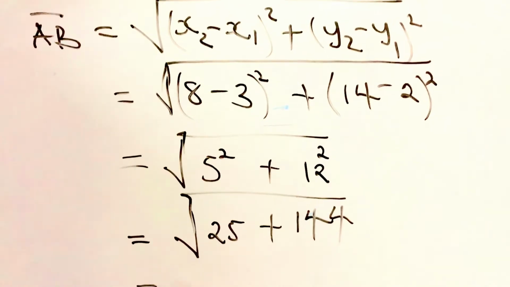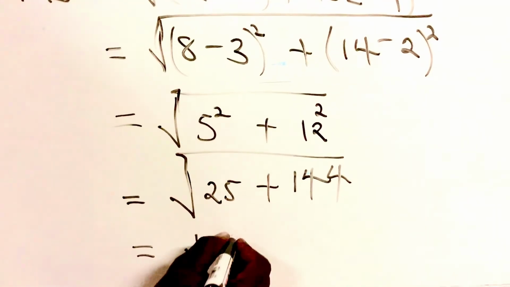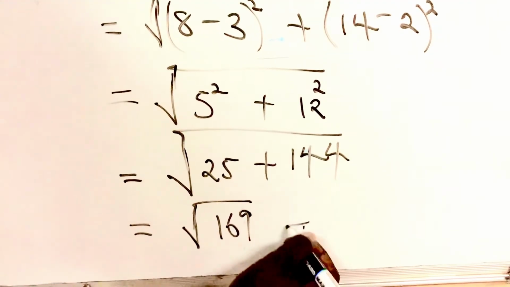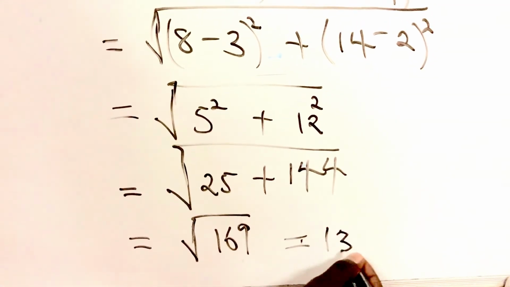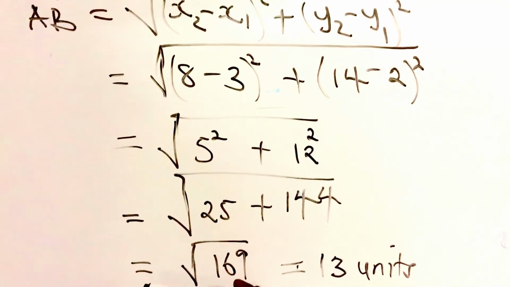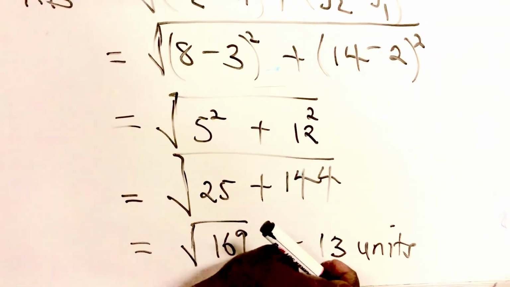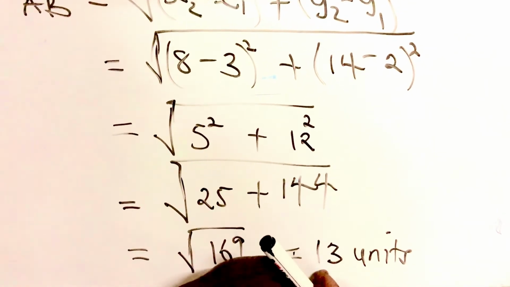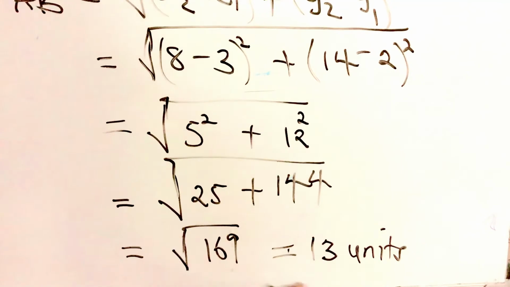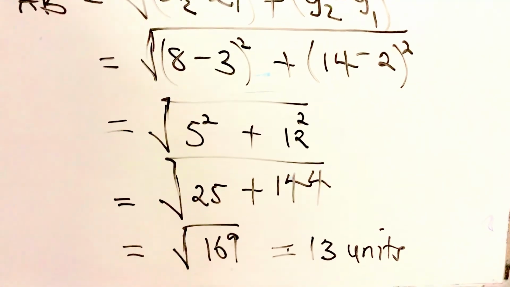Our final answer will be the square root of 169, which gives us 13 units. The square root of 169 can either give us a positive 13 or a negative 13, but this is a length which can never be measured in negatives. So just take the positive value to be our final answer.